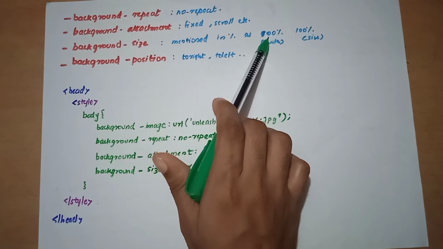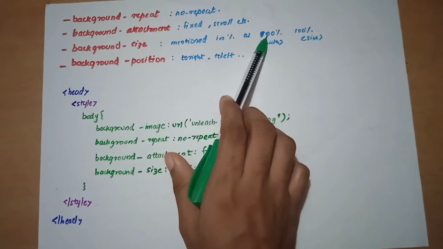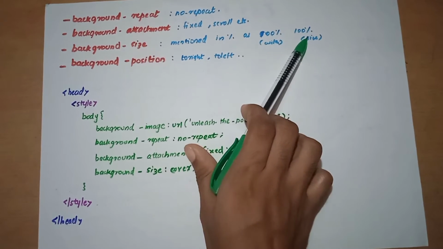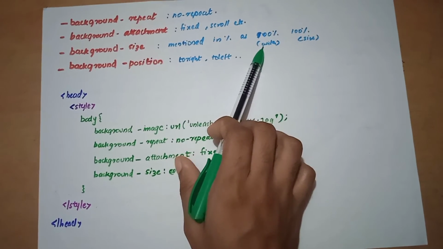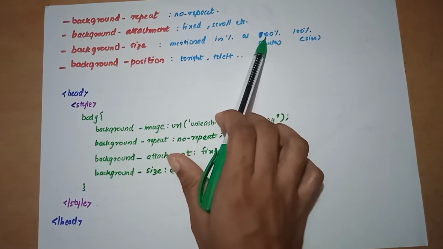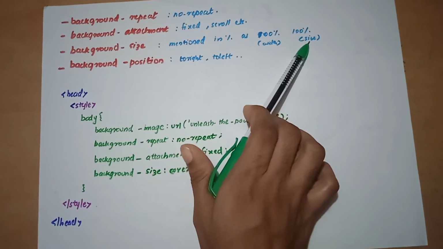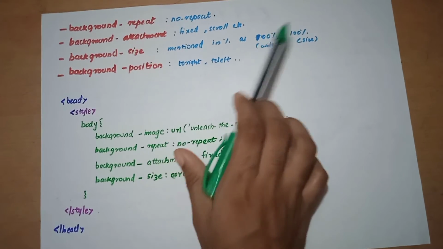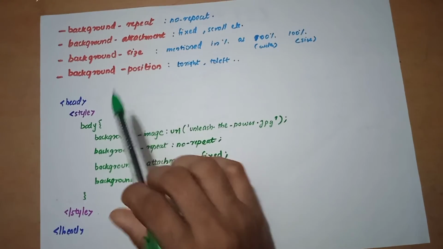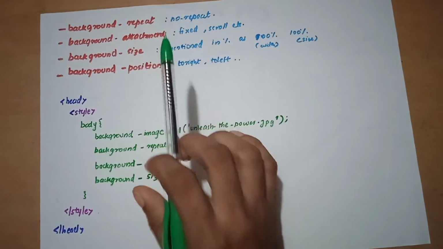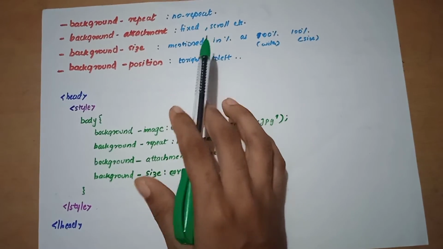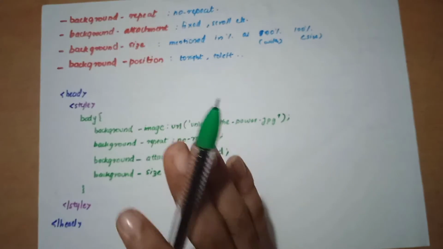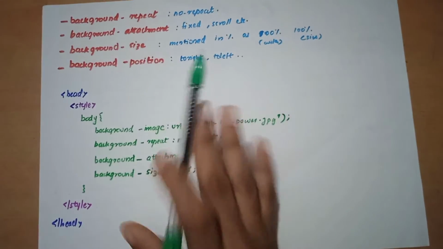If you are using the background size, you can use 100 percent values. 100% means it will be full of its width and size, and covered totally. Or you can simply use the cover value. What will happen is that it will automatically cover the whole space in the web page as a background.